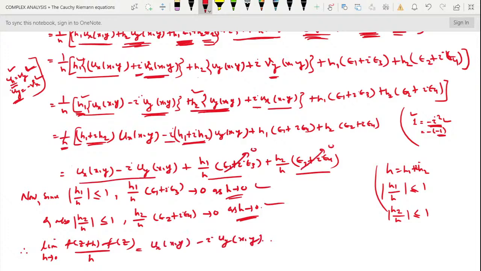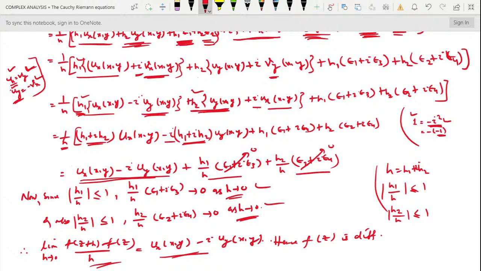Hence f is differentiable because the limit as h goes to 0 is the value we already got here, hence we can say f of z is differentiable. So in the sufficient part, okay, this is proved now.